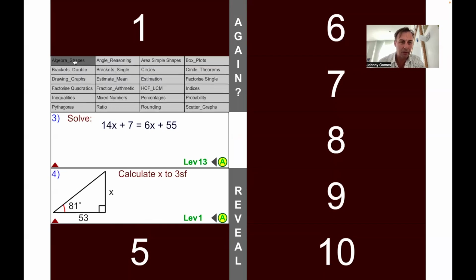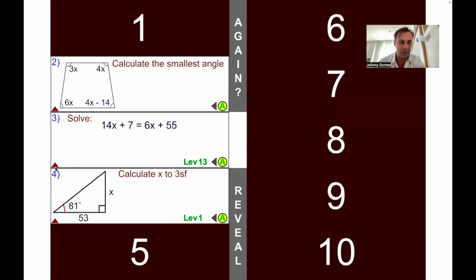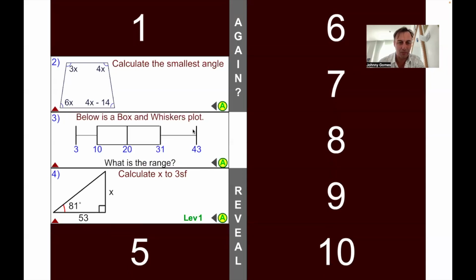And some of the earlier ones don't have those, like algebra shapes, angle reasoning. I think the angle reasoning does, but some of them don't. Box plots, no, it was just what is the range, median, the IQR. It was just simple, just getting students to understand the basics of a box plot, for example.